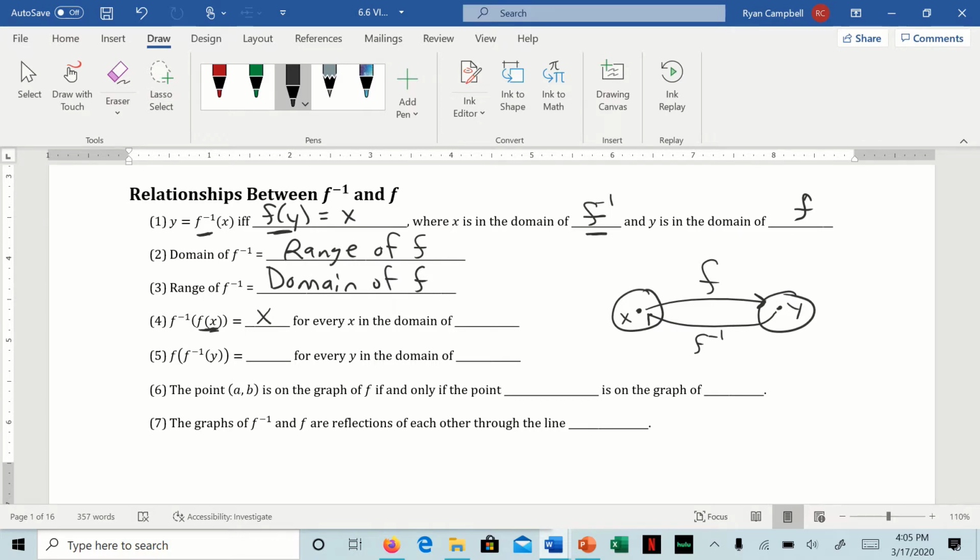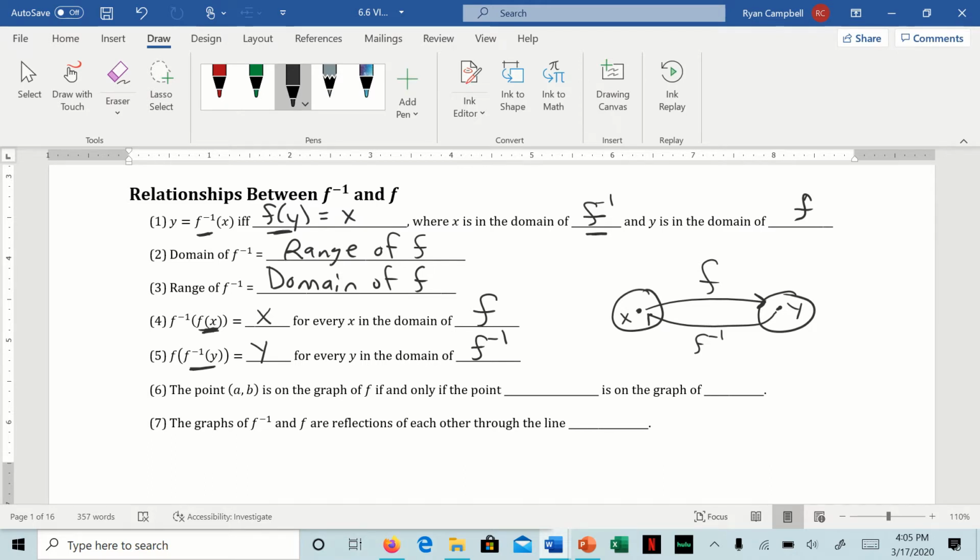Where is x originally getting plugged in? Into f, so it's in the domain of f. Likewise, if we take y, plug it into the inverse, and then plug it back into the original, we should get back to y. And what was the first thing we plugged y into? It was the inverse. Good.